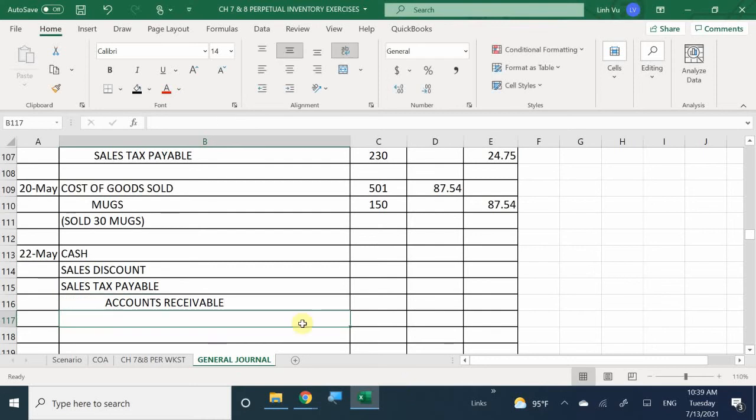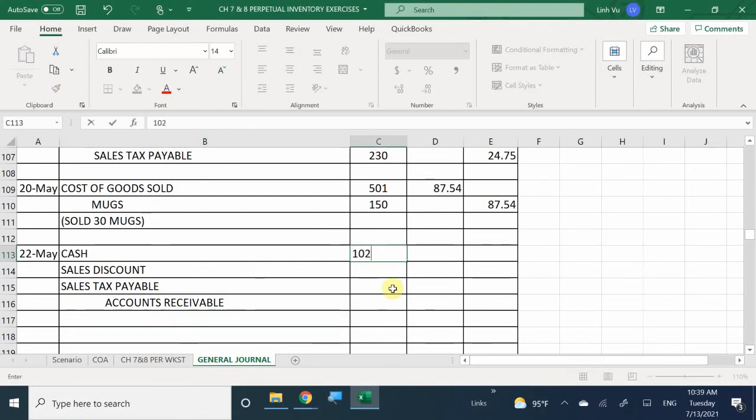So we already calculated that each item, okay, so the sales discount was off of the 300, right? Sales discount was 405, sales tax is 230, and accounts receivable was 103.